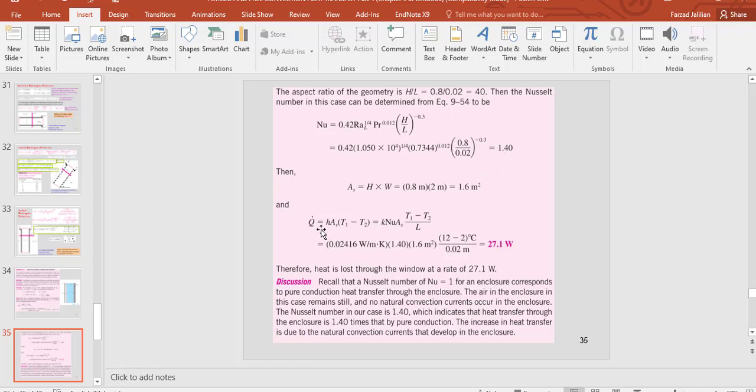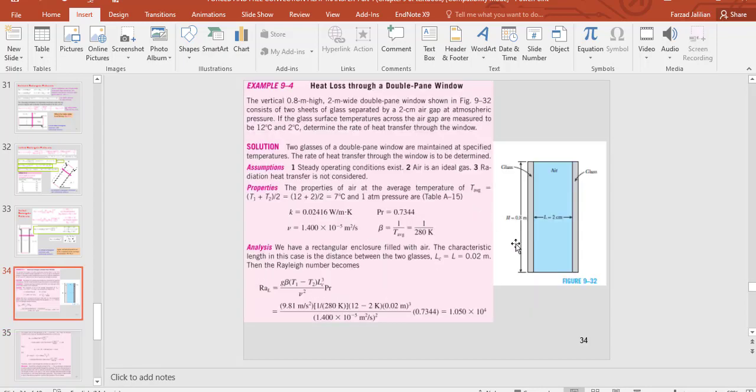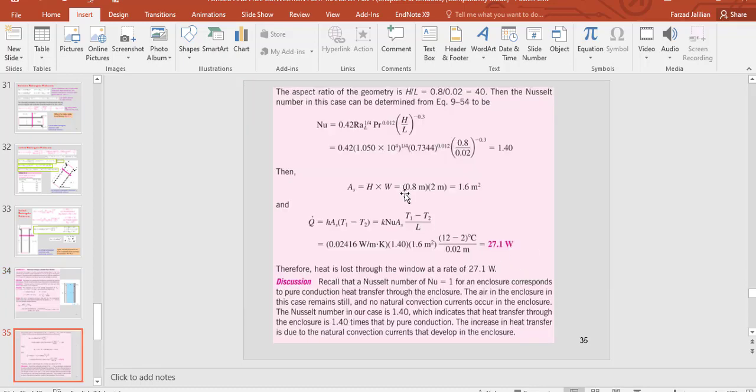Then we are going to use this equation, which we had in the previous slide, to calculate the rate of heat transfer by natural convection. We also need A_s. What is A_s? The surface area of convection heat transfer, which is H times the width, which is also given, 0.8 times 2 meter.